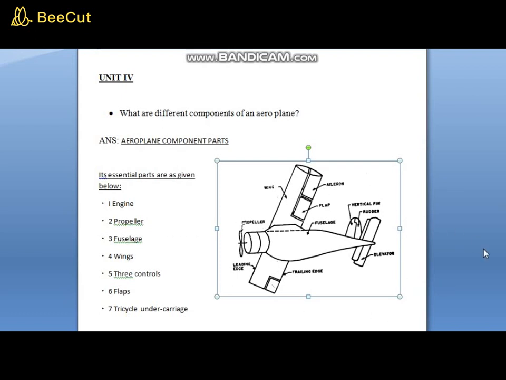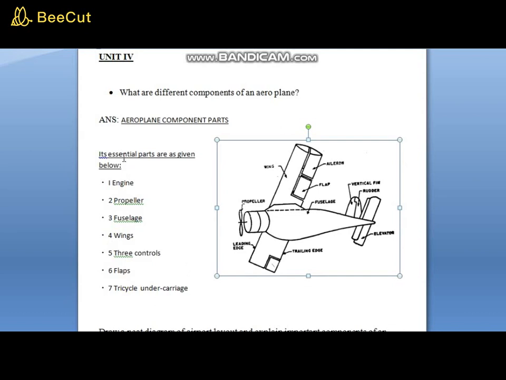The essential parts are engine, propeller, fuselage, wings, three controls, flaps, and tricycle undercarriage. These are the different component parts of an aeroplane.